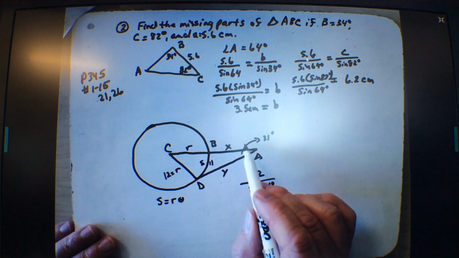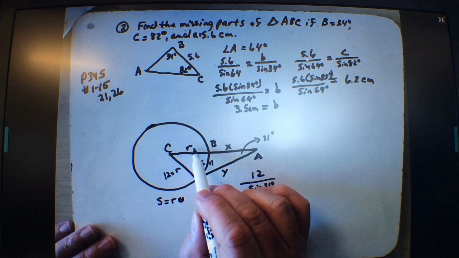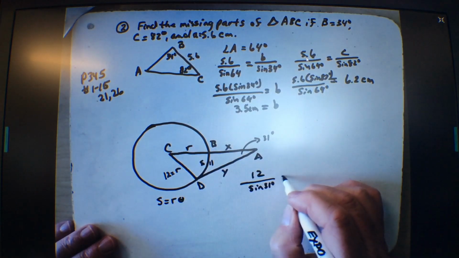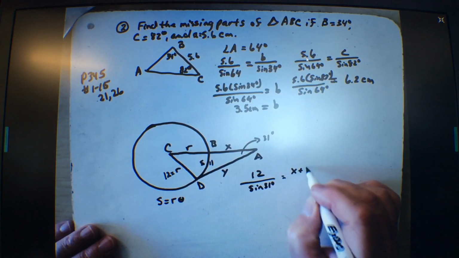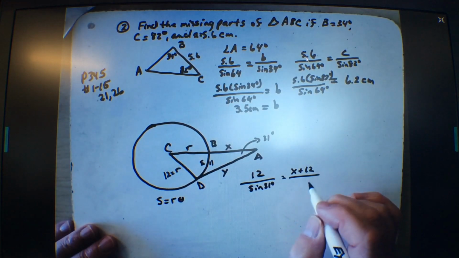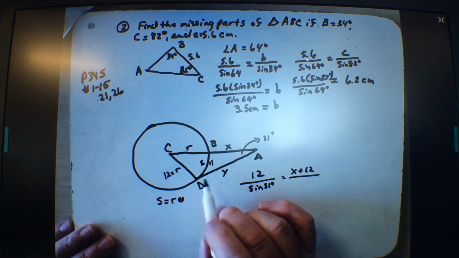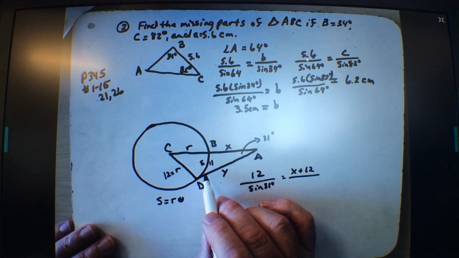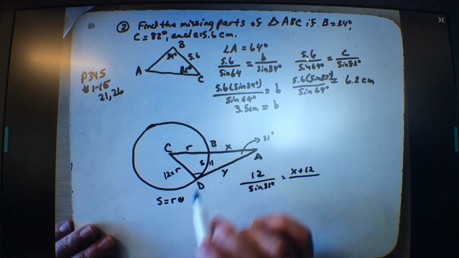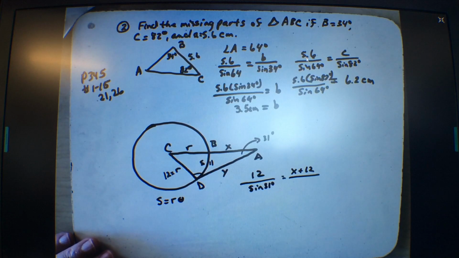Well, this whole thing is x, right? And we know this is 12, right? So we could go x plus 12 over, and we need to find this angle right here, correct? We don't know that angle, do we?